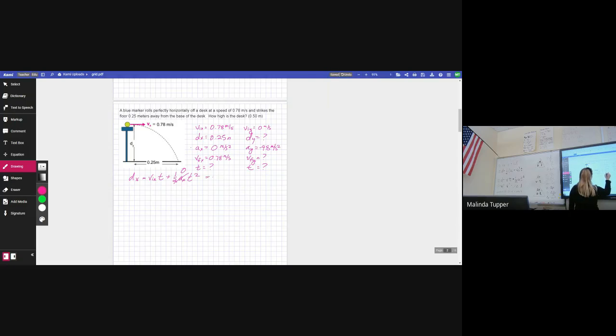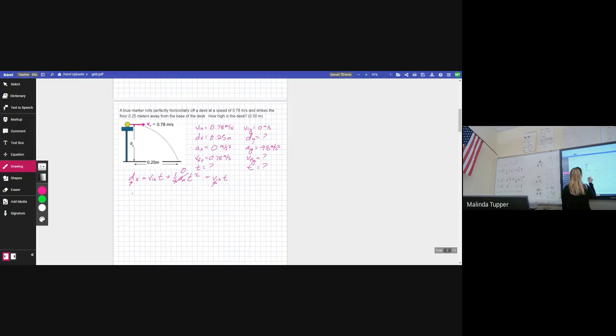So this is just the horizontal velocity times the time. So now notice that I know this value and I know this value. So it should be pretty easy to find the time.